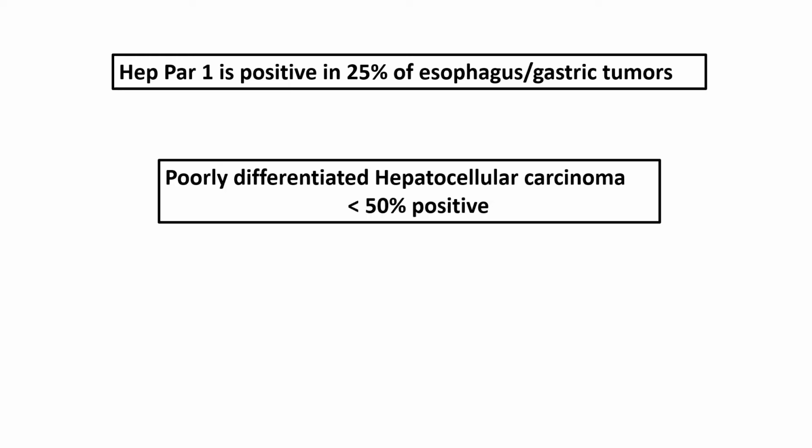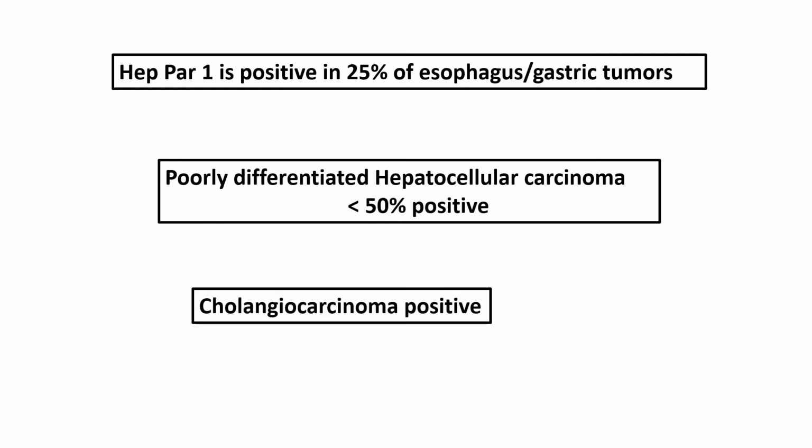Two, like those other two markers, alpha-fetoprotein and polyclonal CEA we talked about, HepPar1 is often negative at the poorly differentiated end of the spectrum. So it does not work when you need it the most. And finally, remember, cholangiocarcinomas are positive. Now, a couple of hepatocellular markers also stain cholangiocarcinomas, and we'll talk about that when we talk about cholangiocarcinomas.